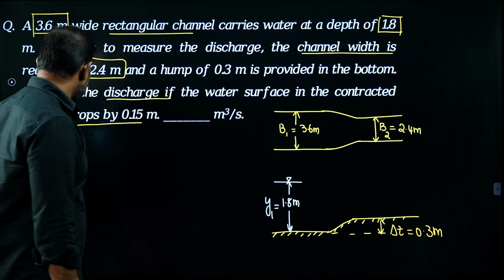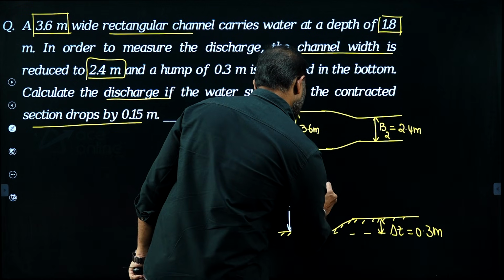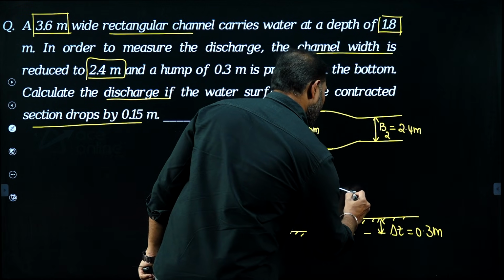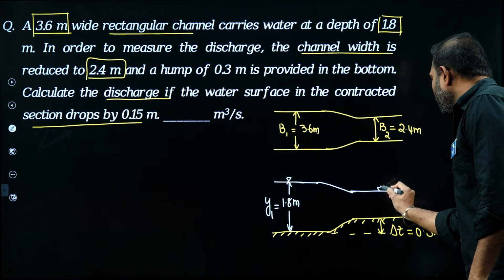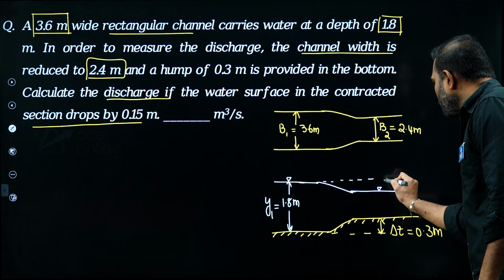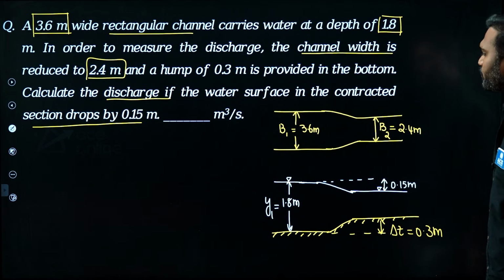Which means here is the water level after the contraction. So the water level falls by 0.15 meter. So the drop in the water level is 0.15 meter, right?